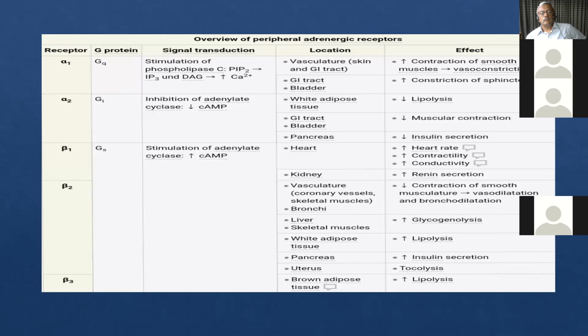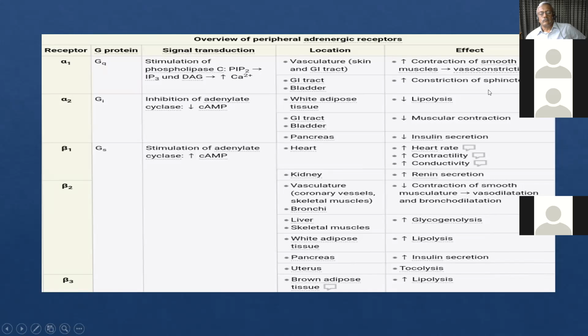These are the various peripheral adrenergic receptors, that is alpha and beta receptors. Through G protein coupling signal transduction, it acts on different organs like the skin and GI system. It leads to increase in smooth muscle contraction, leading to vasoconstriction, and in the GI tract it increases the constriction of the sphincters.